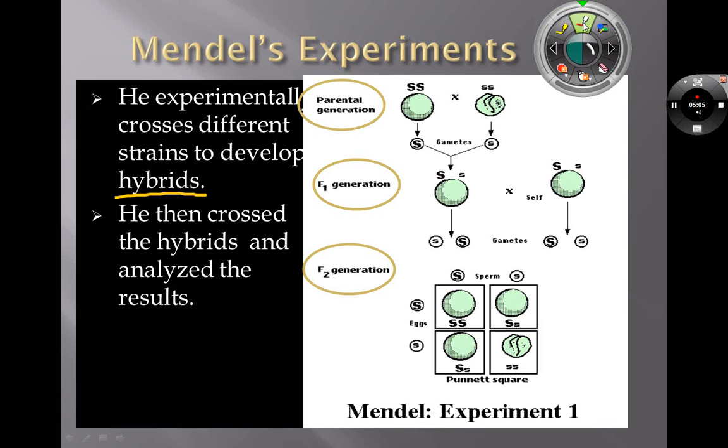The parental generation: he crossed these first two, mated them and mixed them together. In the first generation, all of them were tall. It wasn't until the second generation that he found that little short one. That shorty, he found that shorty.